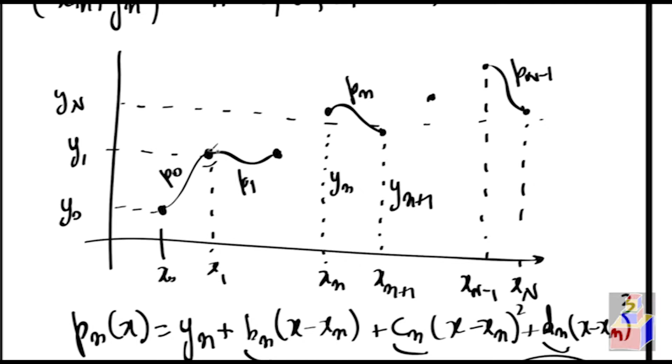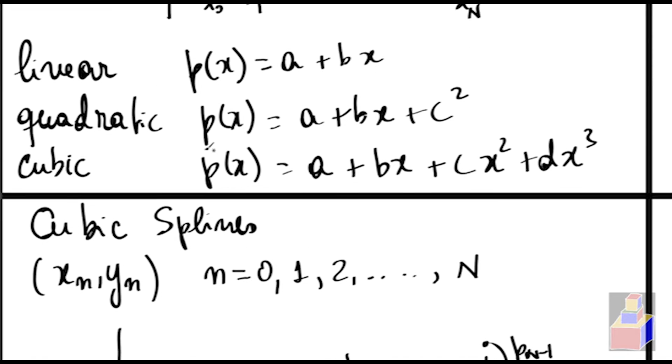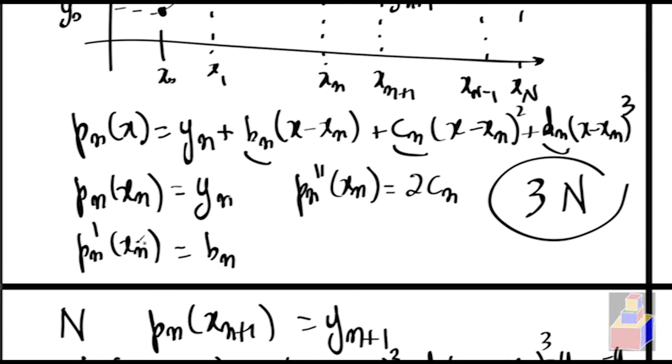At these points, we can establish that the derivatives are continuous. Recall that we showed how to calculate the derivatives here. Here, for instance, is the derivative of Pn at xn, Pn prime.